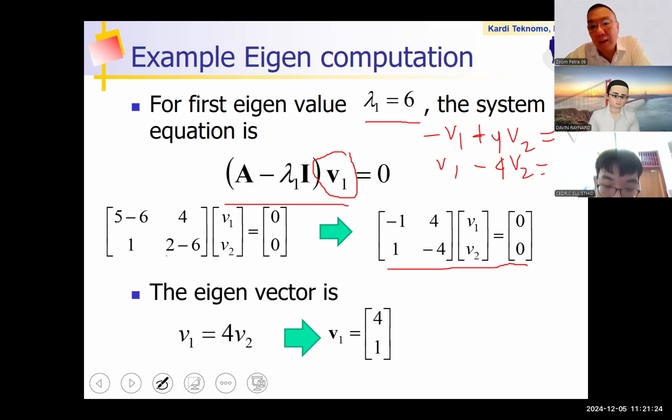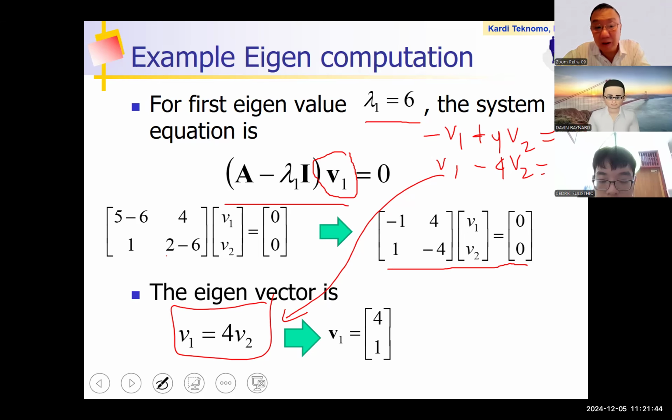Because this is actually a line equation, that means you can put any value of V1, isn't it? So I can put, for example, 1 and 4. This is just one of the possible ones. You can put any value. For example, if you put V2 is 2, what will happen?